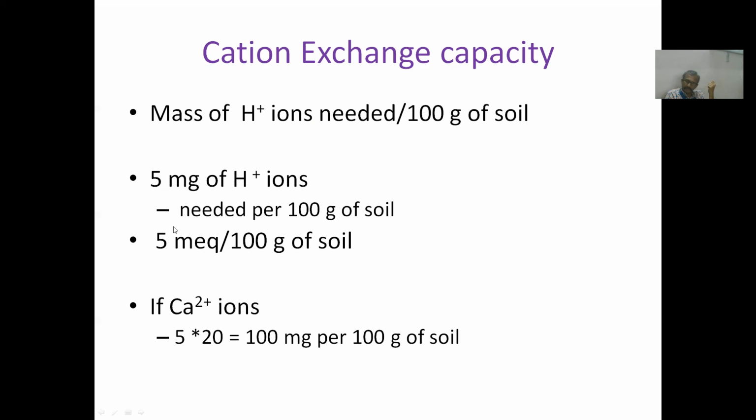So 5 into 20. 20 is calcium's equivalent mass. So if it is hydrogen, it is 5 milligram, and if it is calcium, then it is 20 times 5, so 100 milligram per 100 gram of soil.